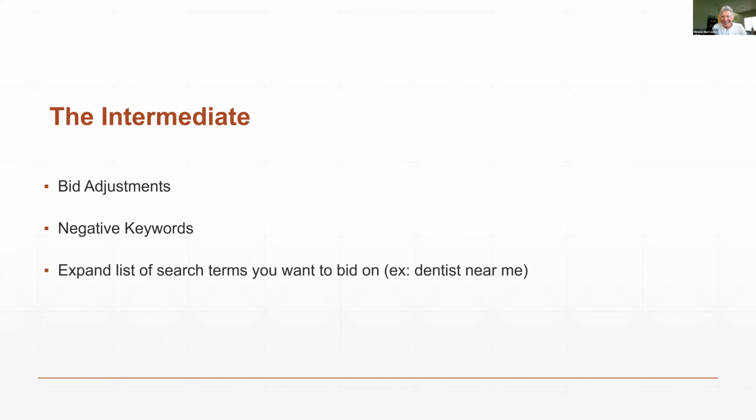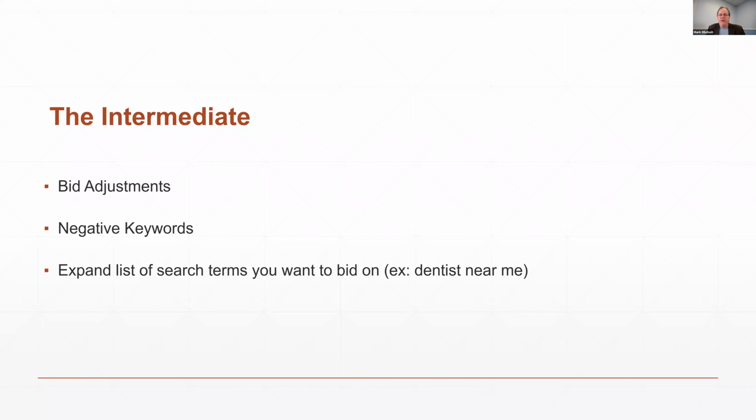Exactly. We have a client in Southern California with 81,000 negative keywords in their account. Wow. So this is what it takes to really utilize data science in order to optimize a Google ad campaign. So let's go to intermediate because we have about another 7 or 8 minutes here.